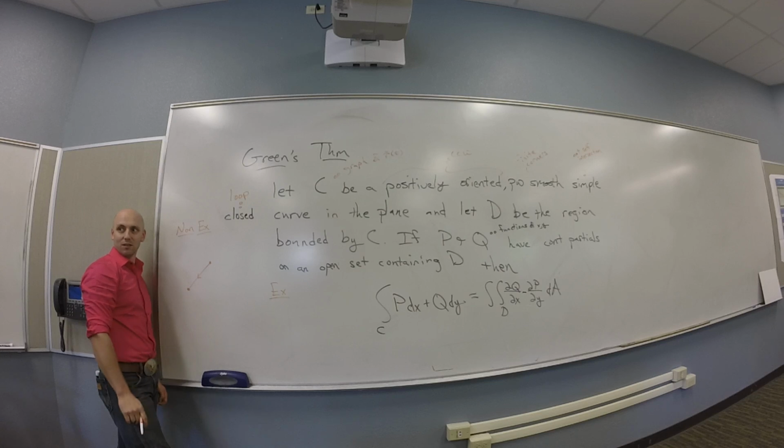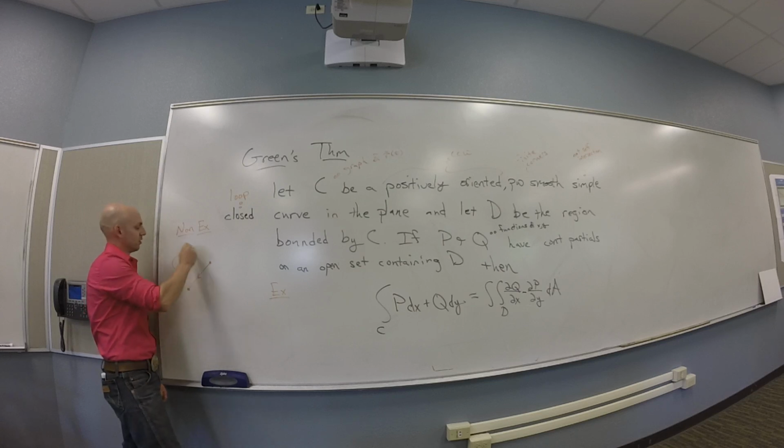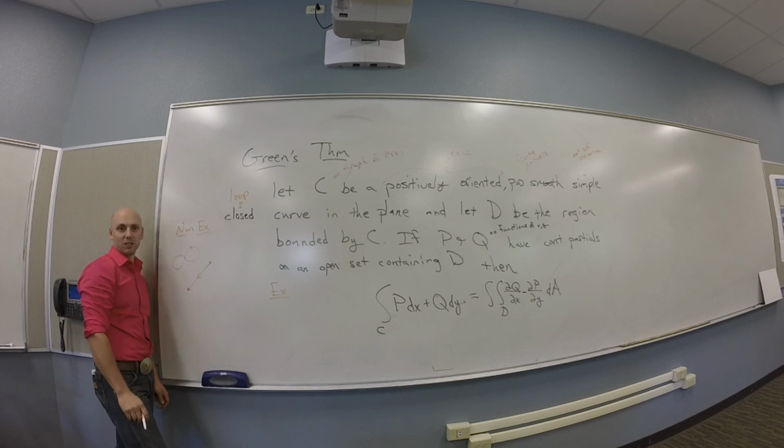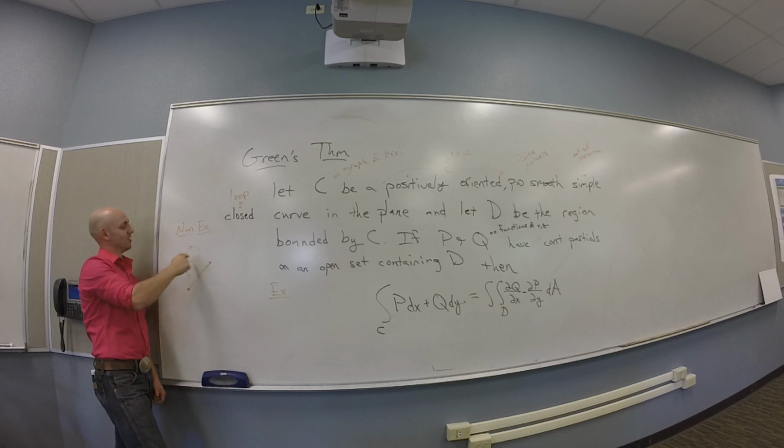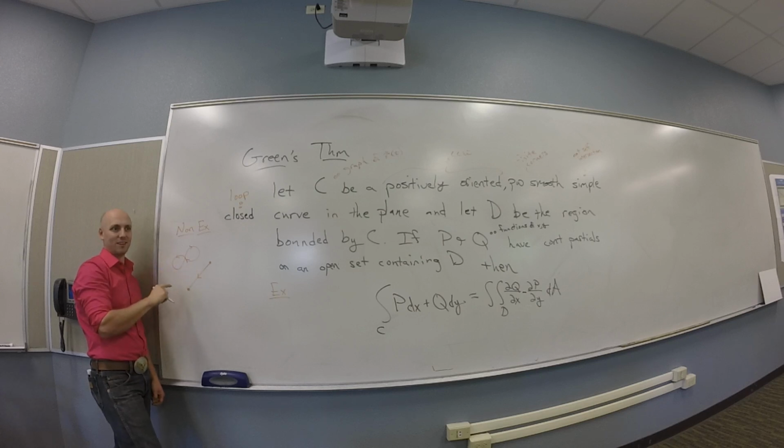It doesn't close. Yeah, it's not closed. What's this one's problem? It crosses. Not simple. And I have no idea whether this is counterclockwise or not. It's clockwise on that part and counterclockwise on that part. You guys all see that? You could separate them. Like if you push this around, that's weird.